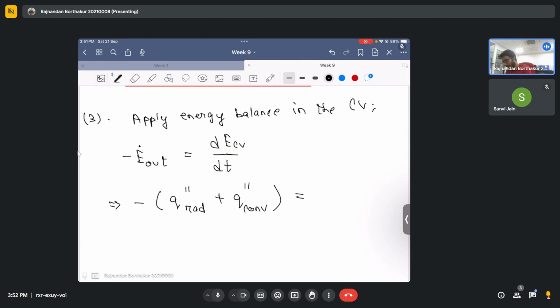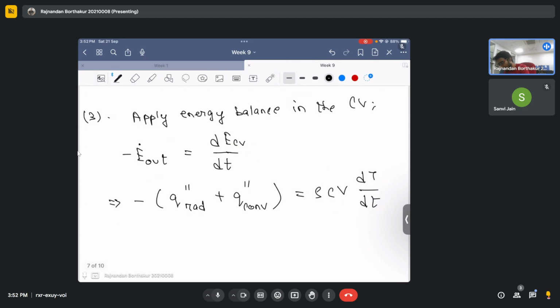And then this dE stored by dt would be rho times C times the volume, times dT by dt. Okay, we need to write down the area because this will take care of the volume. So it's better we write this as the heat transfer area, so I'll just write it as A_s for the time being. I hope this is clear.